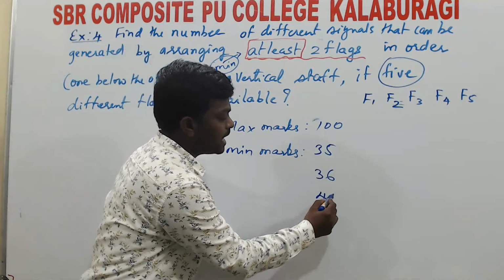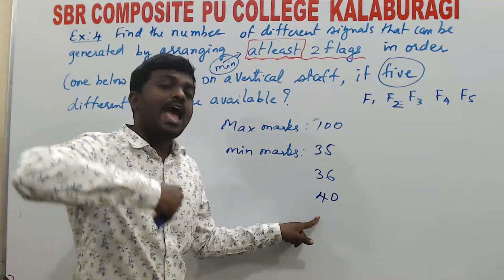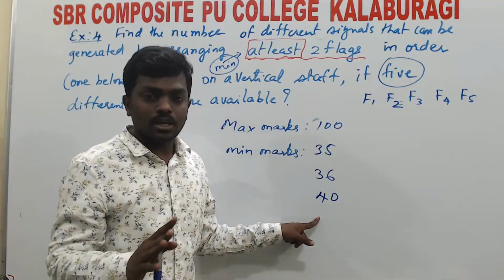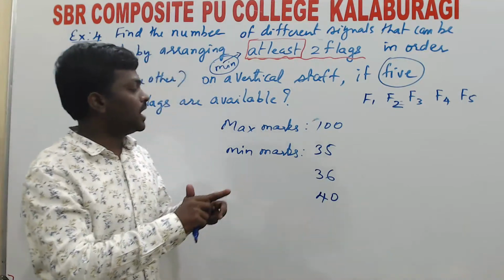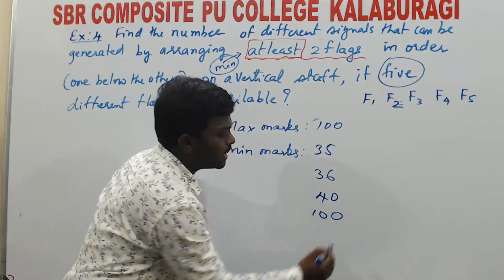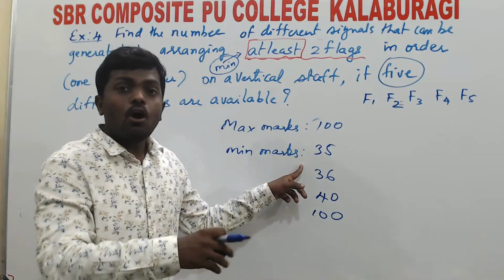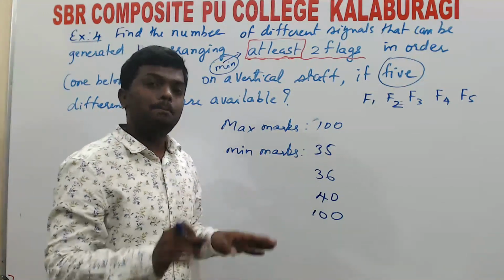It doesn't mean that you shouldn't score 40. Okay, 35 and more than 35 is always considered a pass, but the minimum requirement is 35. Even if you score 100, you have passed only. So minimum 35 or more than 35 is considered to be a pass, right?